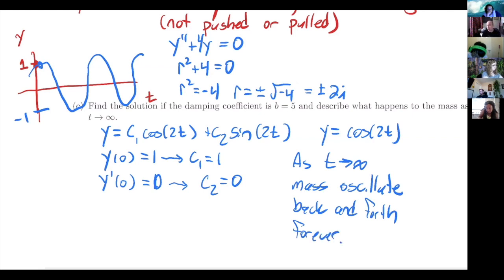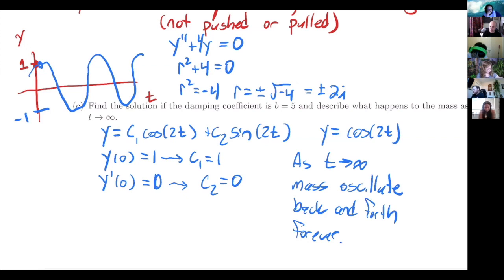Okay, and that hopefully makes some intuitive sense based on the system. If we're doing this on a frictionless system, then the spring is the only force acting on it, and it's just going to keep bouncing back and forth and back and forth.